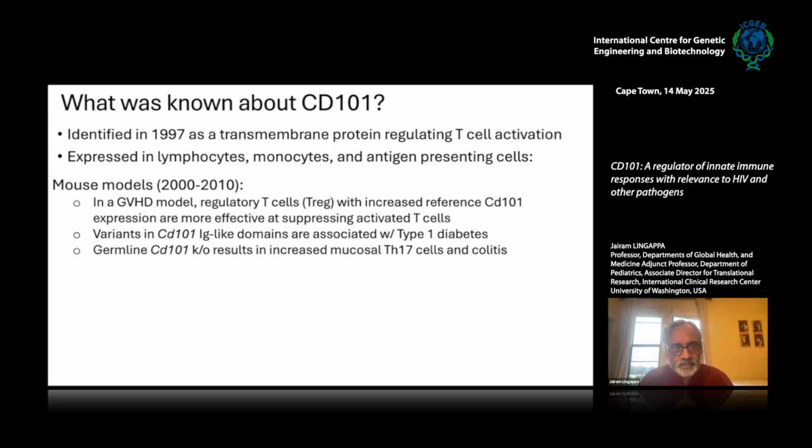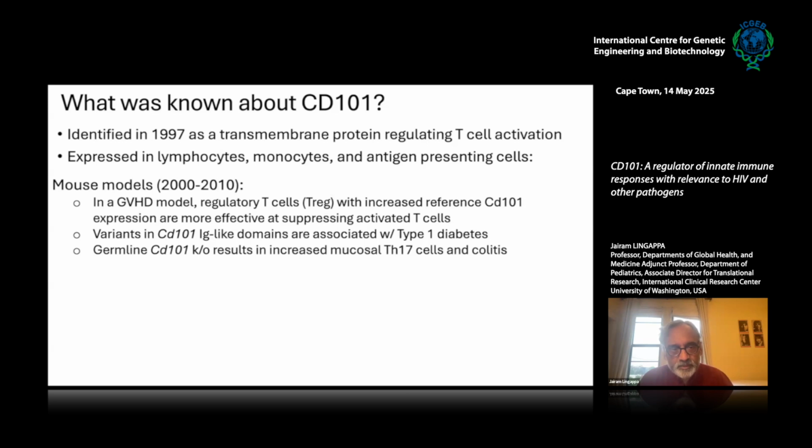And a number of studies during the early 2000s in mouse models had demonstrated that in a graft versus host disease model, regulatory T cells, Tregs, with an increased level of CD101 expression were more effective at suppressing activated T cells.